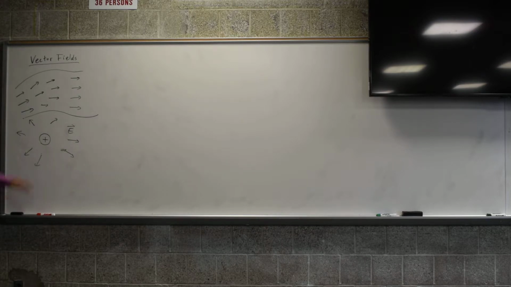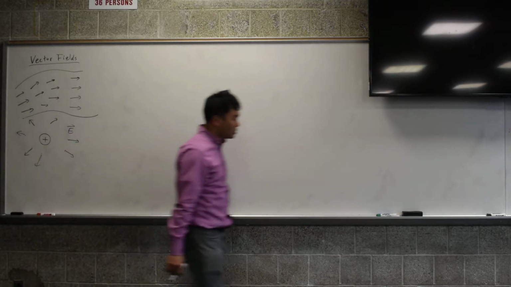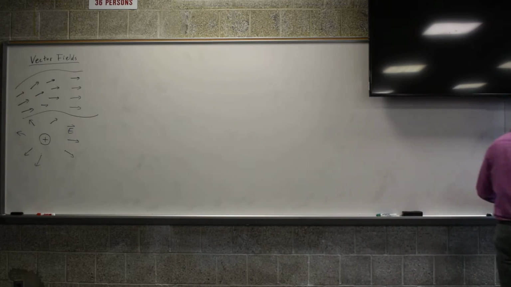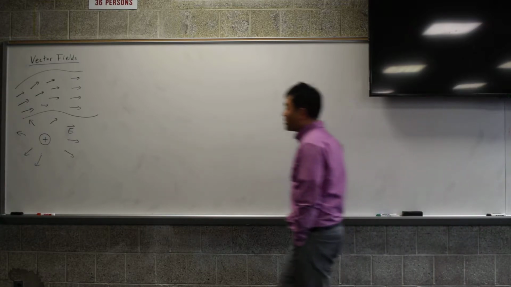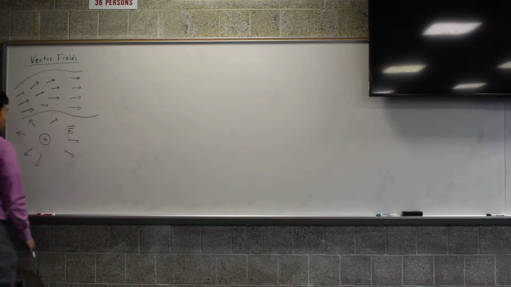Now, for us, we're not going to be worried too much about applications. We're just going to study vector fields as purely mathematical, but occasionally I'm going to throw in some physics there to give you some context, because I want to give you some valid reason why we would want such a thing.